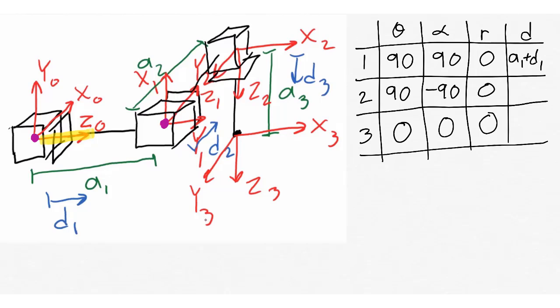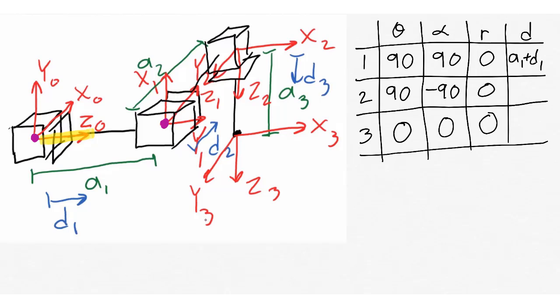In practice, when we actually build this manipulator, A1 would be defined as the distance between these two joints when our joint has not been extended at all. So if this joint is, let's say, a belt drive, or a lead screw, or maybe it's a rack and pinion, A1 would be the distance between these two joints when we have homed the axis.